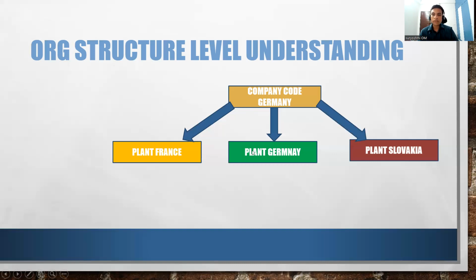From plant France to Germany we will do a stock transfer, or we'll take plant Slovakia to Germany and transfer stock. It's not so easy. If you know the settings that come on top of it, then it is easy, but there are a few choices at the time of configuring, and you will get a lot of bugs.